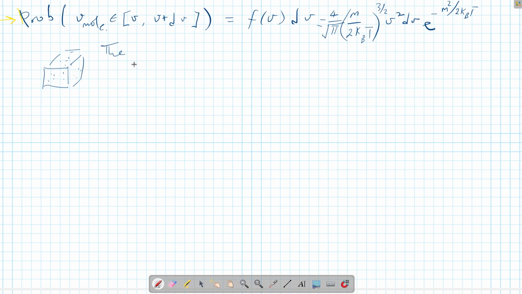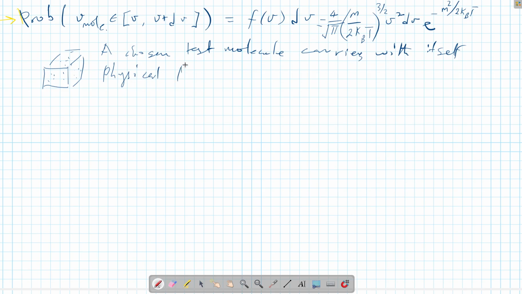Choosing a test molecule, it carries with itself physical properties, right?